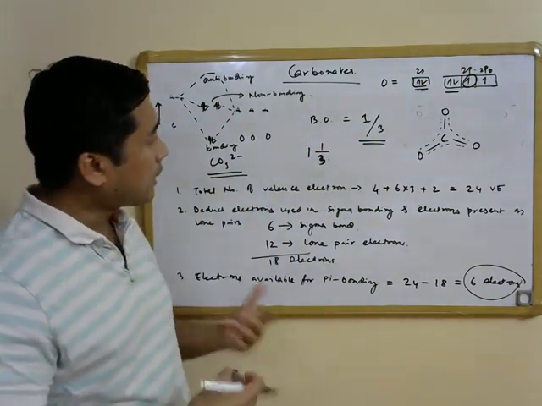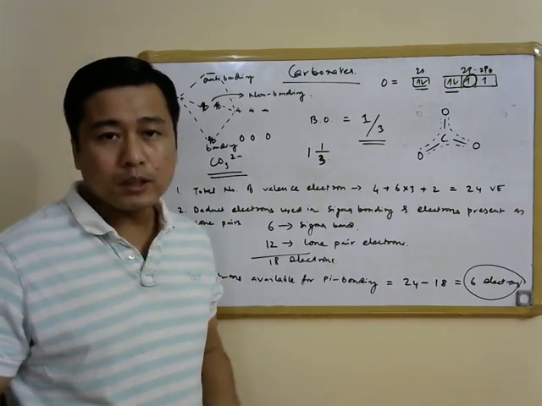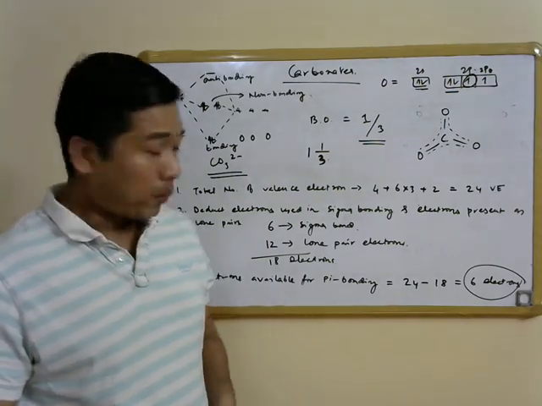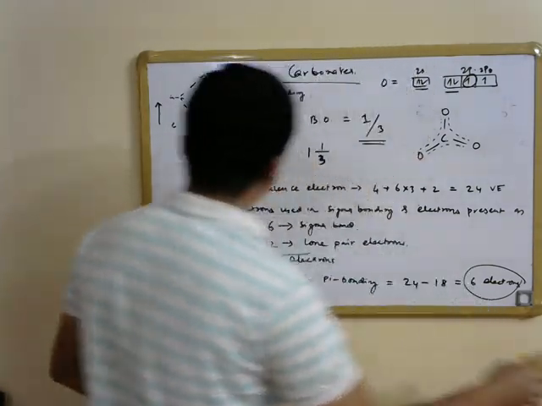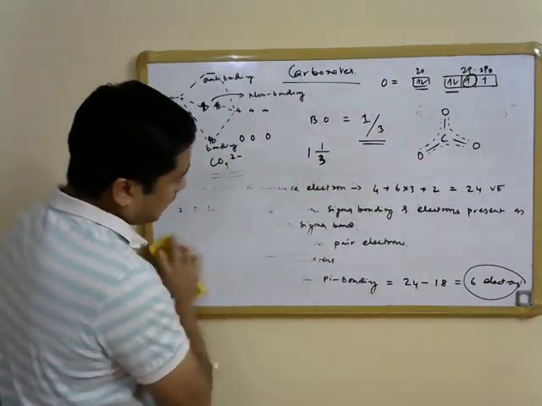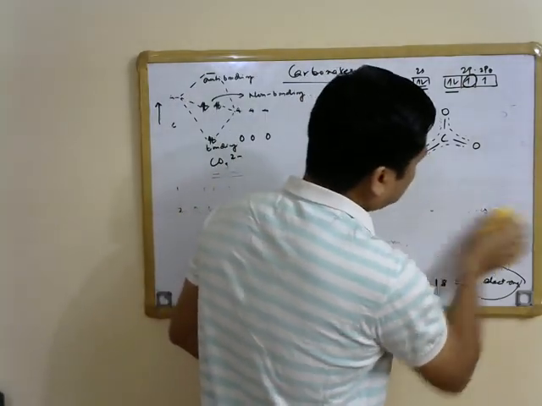So that is how we can calculate the bond order in polyatomic species involving pi bonds, and in a similar way we can calculate the bond order in other polyatomic species involving pi bonds.